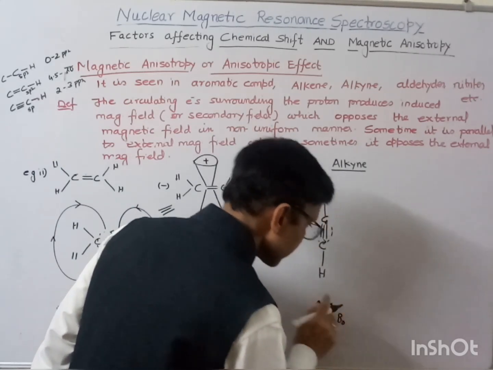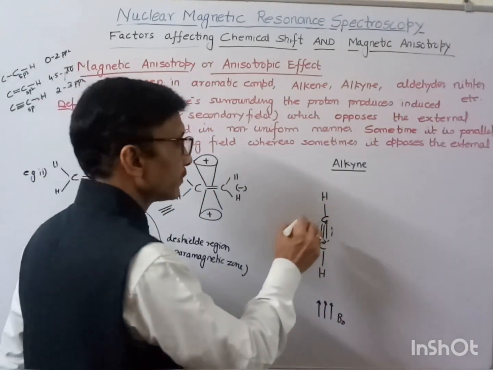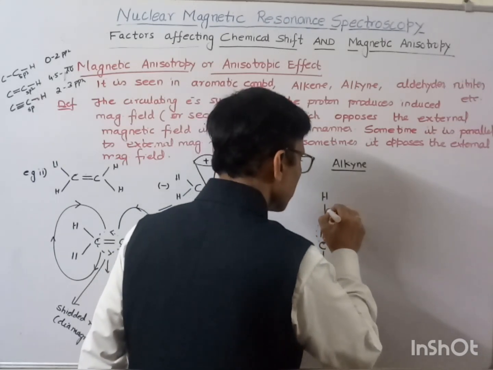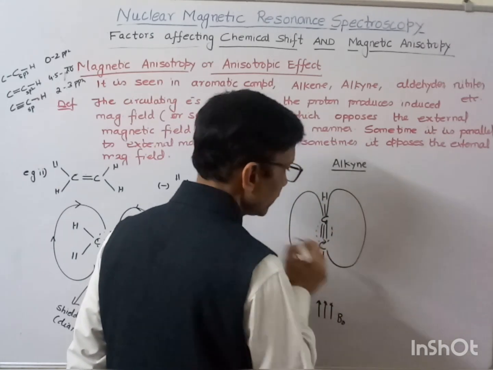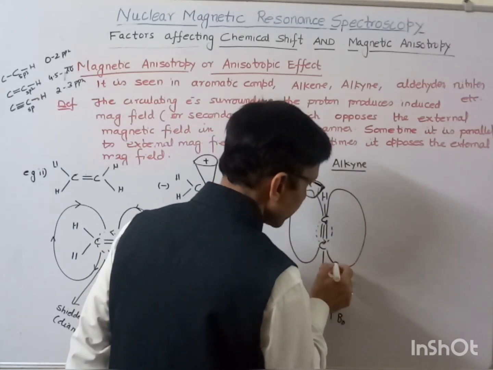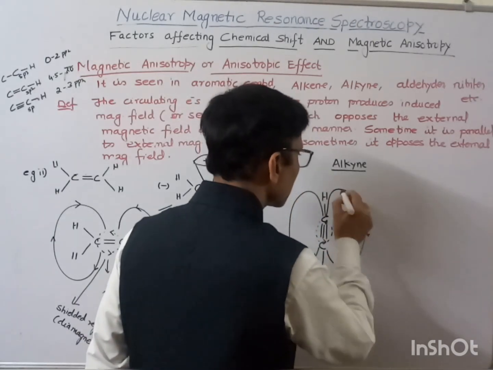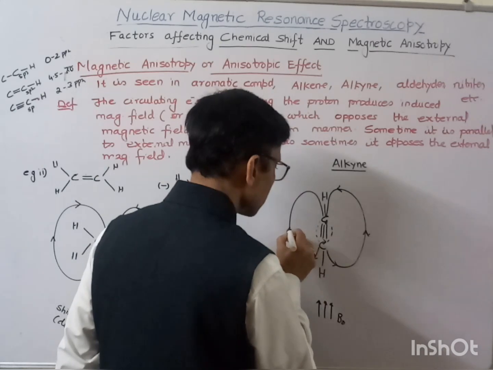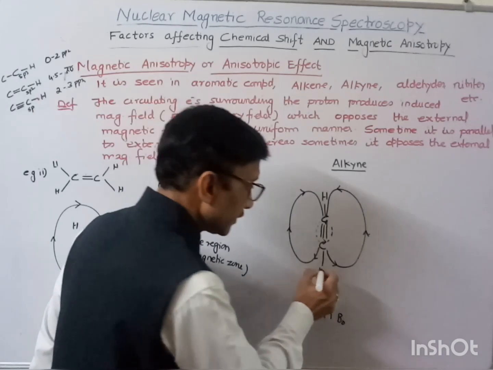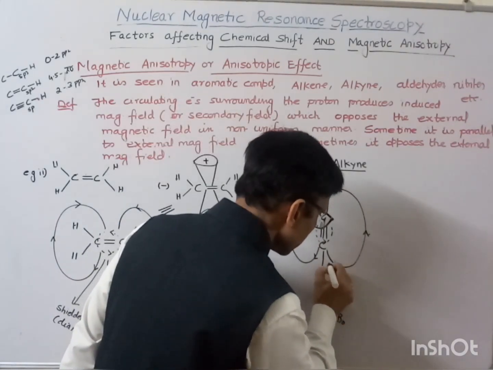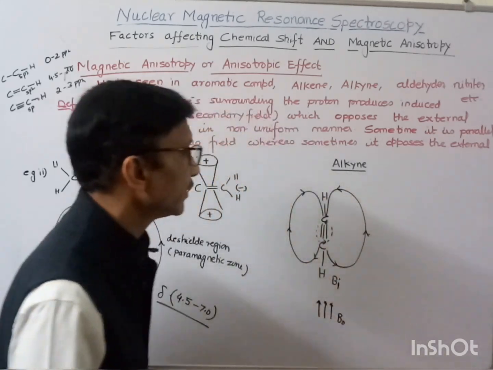So in the presence of the external magnetic field, the pi electrons move and produce a secondary magnetic field, that is Bi, the induced magnetic field. This is the direction of the secondary magnetic field, like this.